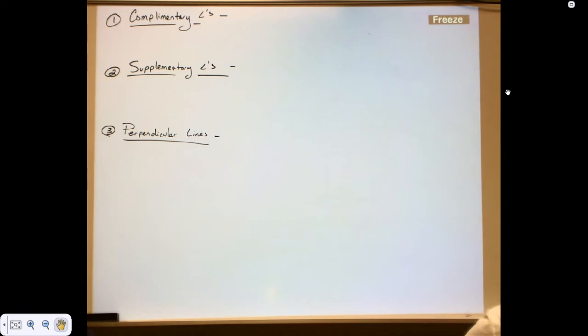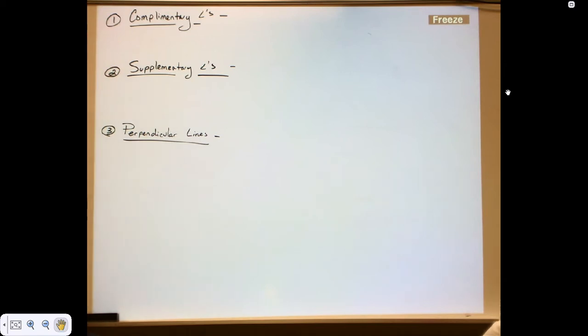Each of these, their relationships to each other, are dependent on their measures, not their location, not whether they're beside the other one or this or that. In a lot of cases, are we going to deal with complementary angles that might be adjacent? Sure. But complementary angles don't have to be adjacent.